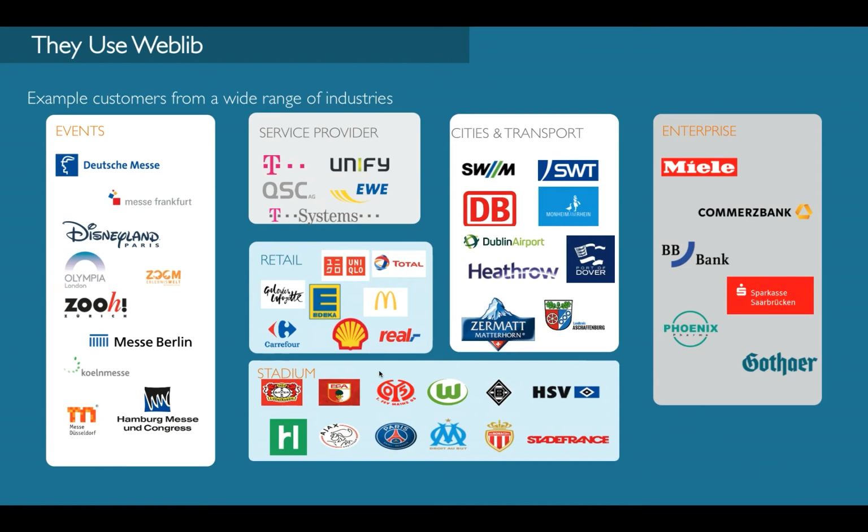But as this slide shows, we within WebLib across our portfolio work in a wide range of sectors. And as you can see here, from large public venues, events, stadia, as well as retail, smart cities, transport, various transport nodes, and indeed the enterprise. We have a vast number of customers.